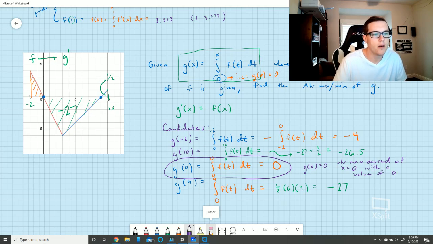And the min occurred right here, this one. So g of 9 equals -27 is the absolute min. So in this case, both of our maxes and mins occurred at critical points.